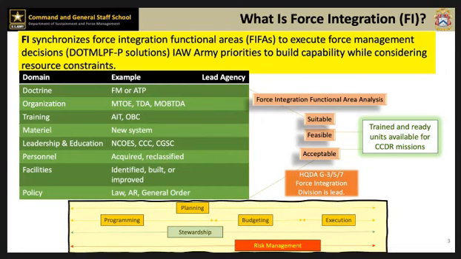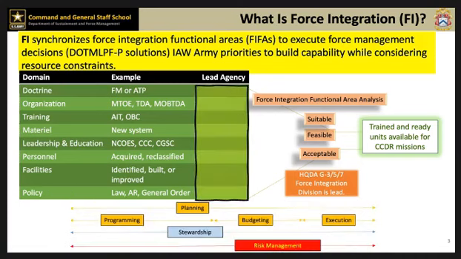Throughout the process, leaders must exercise stewardship and ethical application of technical knowledge to ensure the right capabilities are developed to maintain the trust of Congress and the American people. So take a moment to consider who the lead agencies are for the DOTMLPF domains in the table on this slide. And we may talk about this in class a little bit.